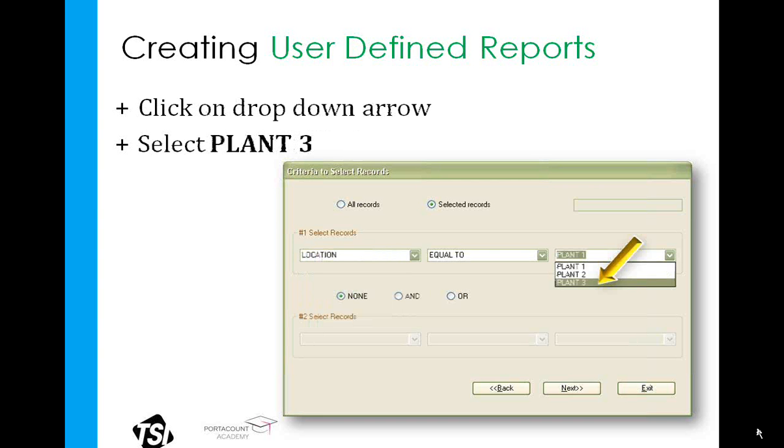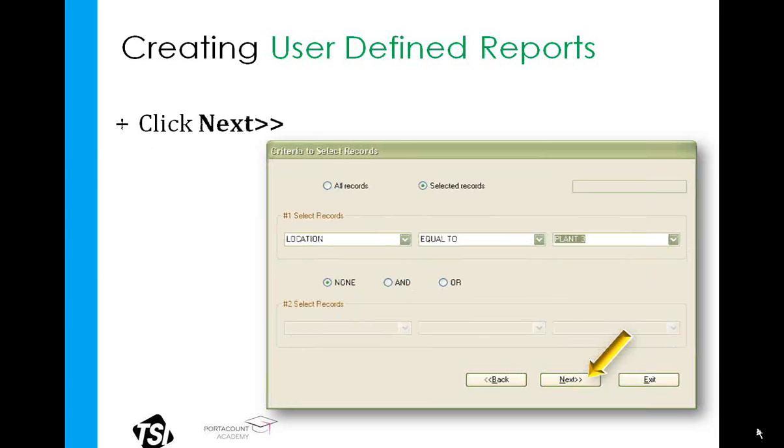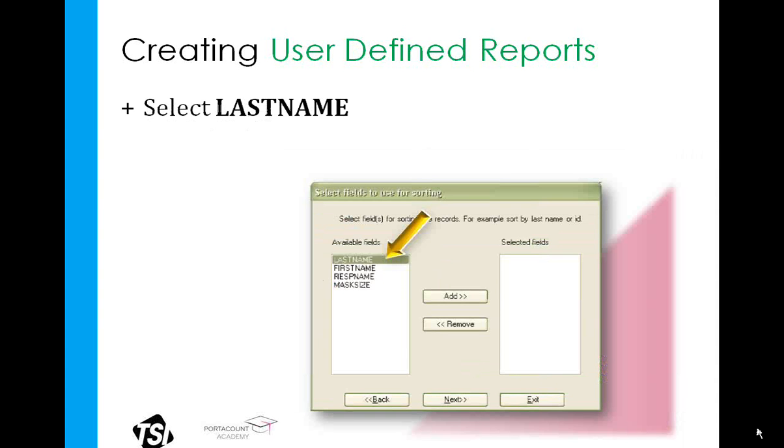I will then leave the middle as equal to, and then choose plant 3 for the value on the far right. So the statement would read as location equal to plant 3, or only show me people that are associated with plant 3. Now we can click on next.